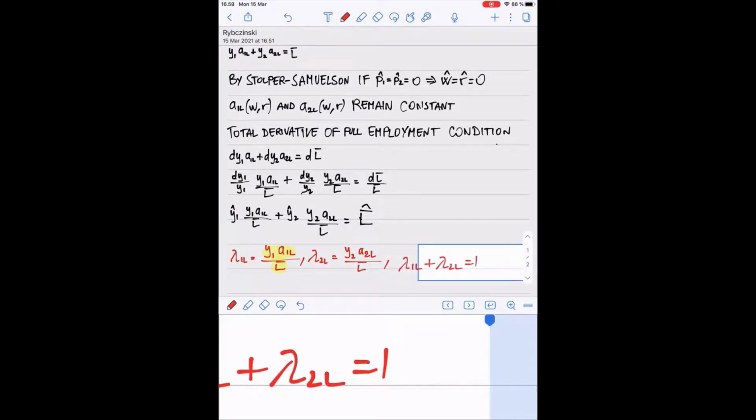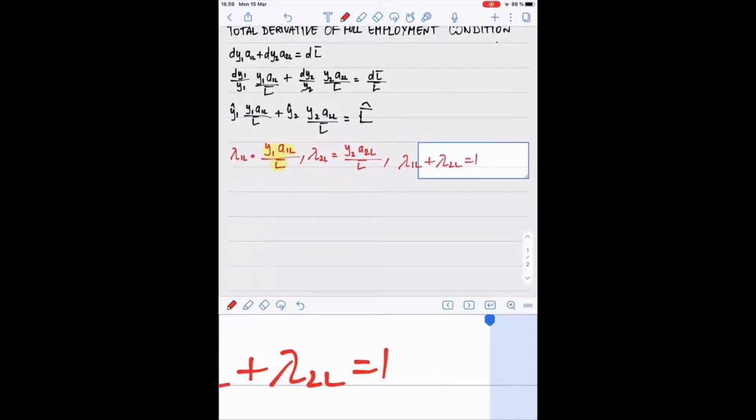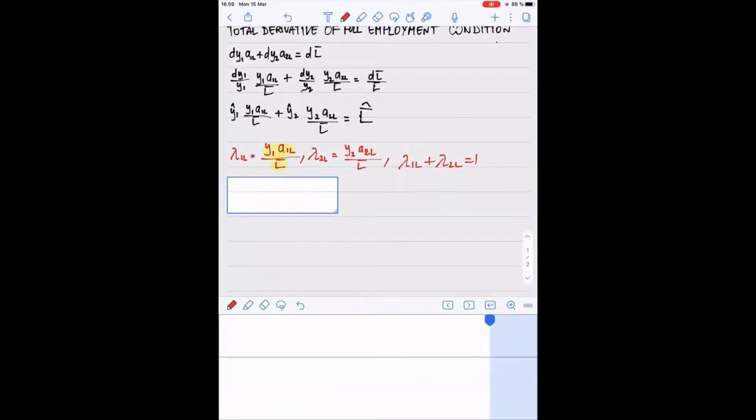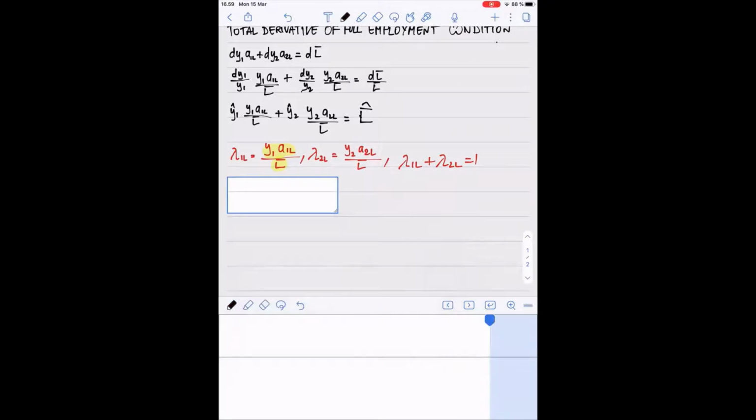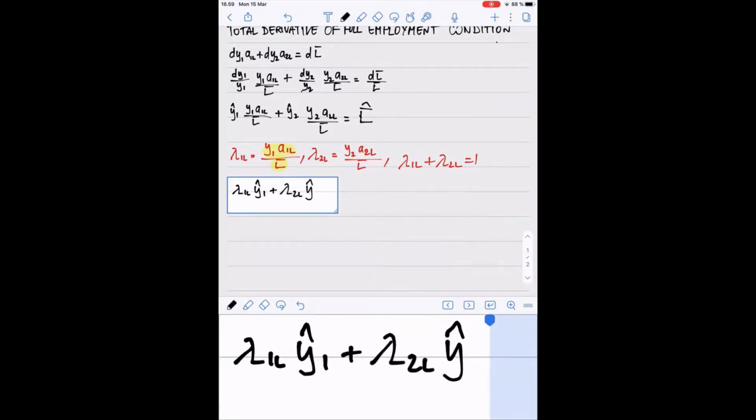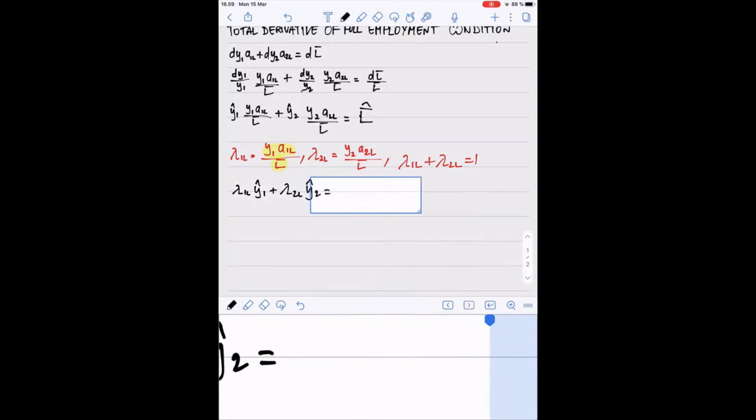Okay. Now, using these two definitions of lambda 1L and lambda 2L, we can rewrite the equation as lambda 1L y hat 1 plus lambda 2L y hat 2 equals L bar hat.